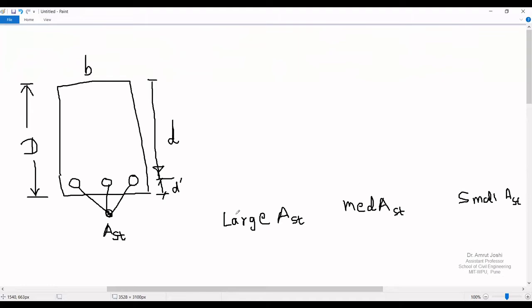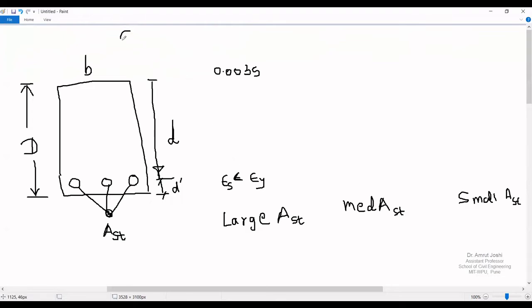Area of steel is large, so it happens that concrete at the extreme compression fiber level reaches its ultimate strain 0.0035, but the steel at that time will have a value of strain less than the yield strain of the steel. So therefore strain in steel epsilon s is less than the yield strain of the steel.